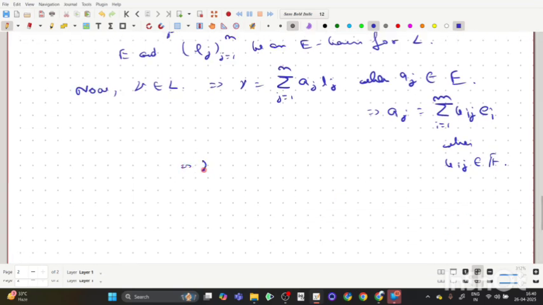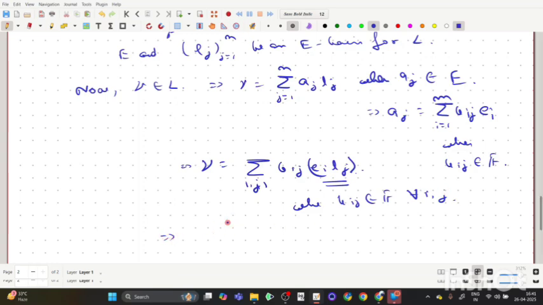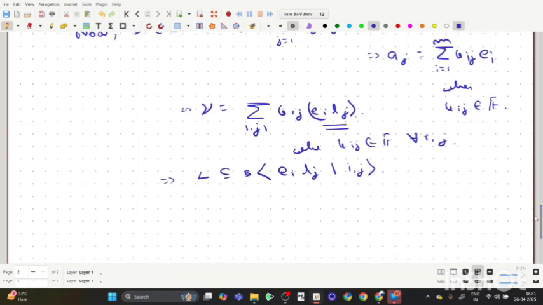So what does this give us? This implies that I can write this element lambda as summation over i and j of b_ij e_i l_j, right? So I can take this as a whole as a collection of elements where these b_ij's come from F for all i, j. So this means that basically L is contained in the span of the elements of the form e_i l_j for i and j. Whatever index there, I'm not explicitly writing that anymore.